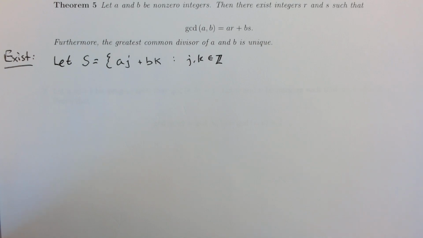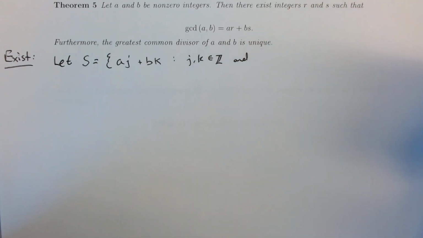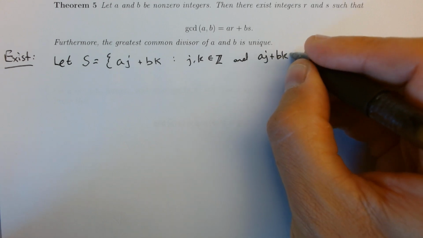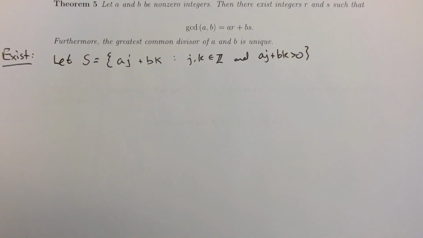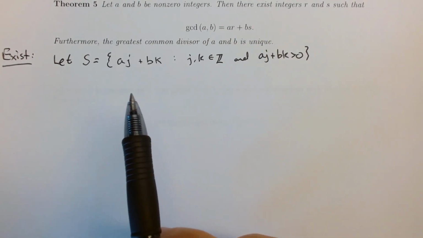But once again, we need that this quantity is non-negative. Particularly in this case, we actually want it to be positive. So we want aj plus bk to be positive. That way we do have a set of actual numbers here. Now, I'm not going to show the non-empty part of this. I think this one's a little bit clearer.